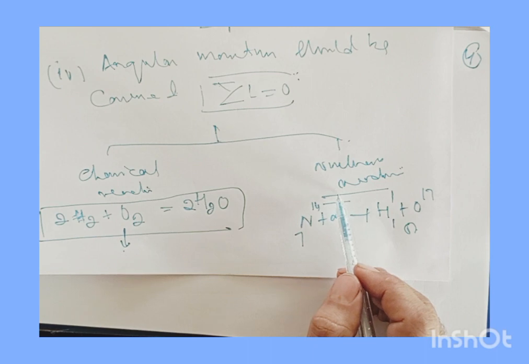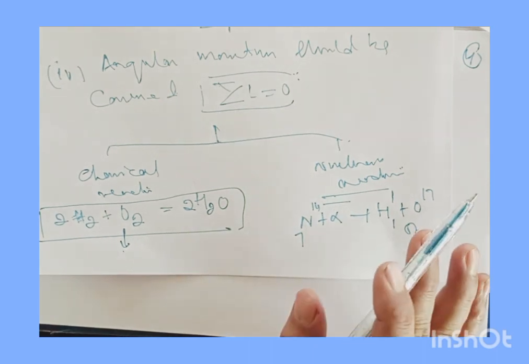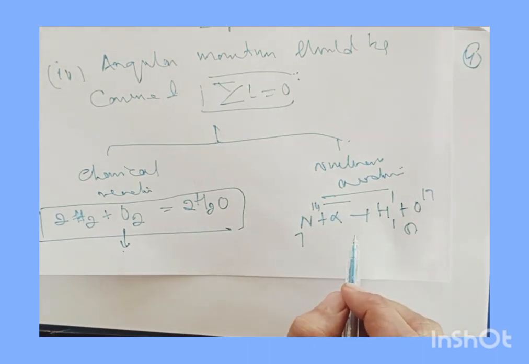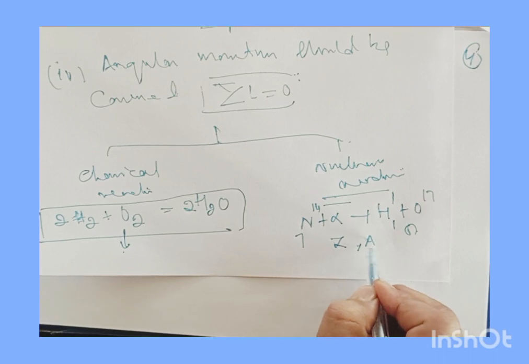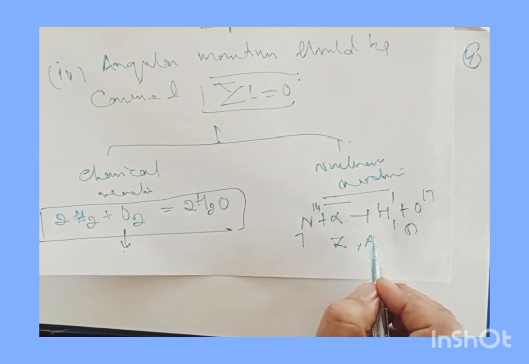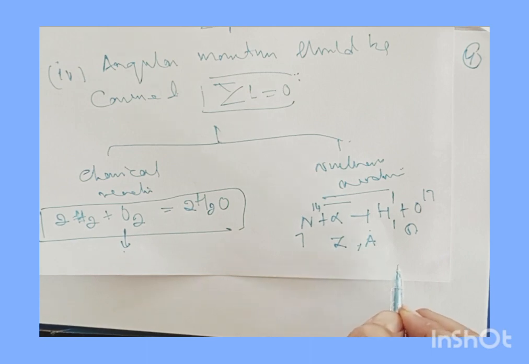If we talk about the nuclear reaction, a nuclear reaction is said to be balanced if atomic number and mass number are equal before and after the nuclear reaction takes place.